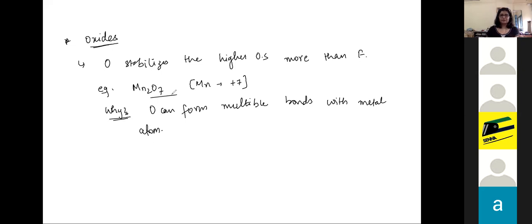If we look at Mn2O7 itself, the structure of Mn2O7 is you have Mn forming a bond with oxygen, oxygen, oxygen. Then you have an oxygen bridge here. And then again, you've got oxygen, oxygen, oxygen. So multiple bonds, as in it can form double bonds.